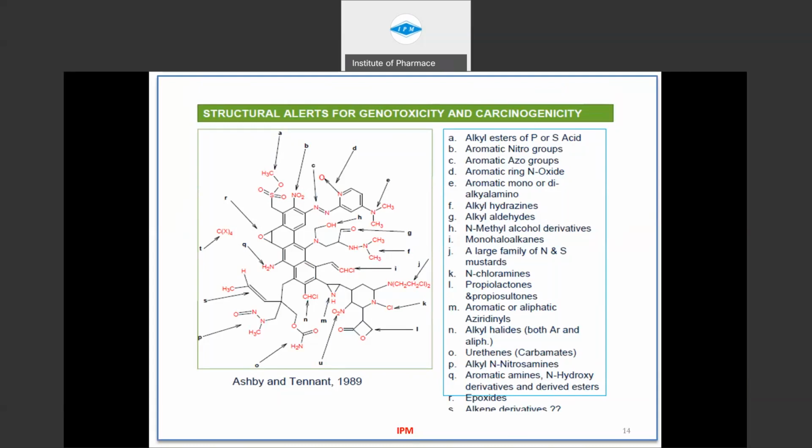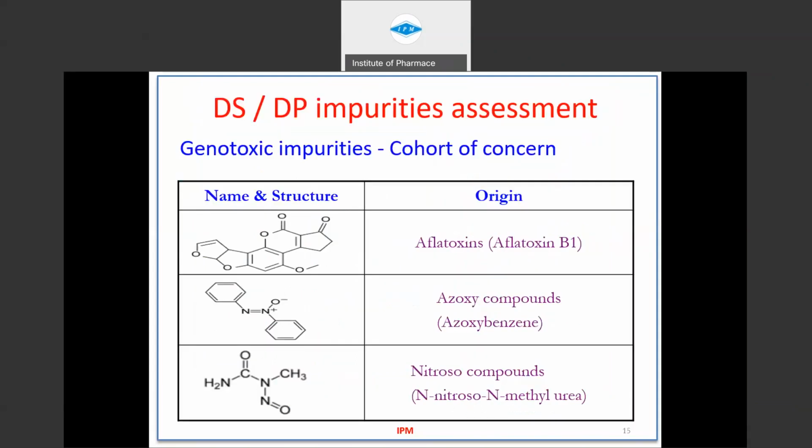The point to remember is all of these are highly reactive functional groups which are likely to react with DNA base pairs. Now, apart from these structural alerts and compounds containing structural alerts, there are certain cohorts of concern.